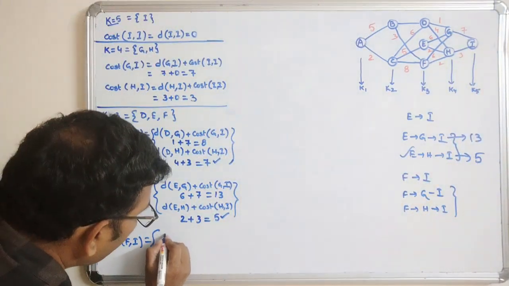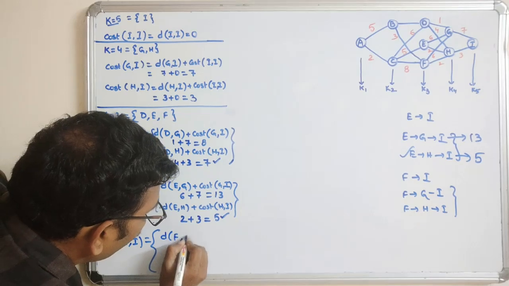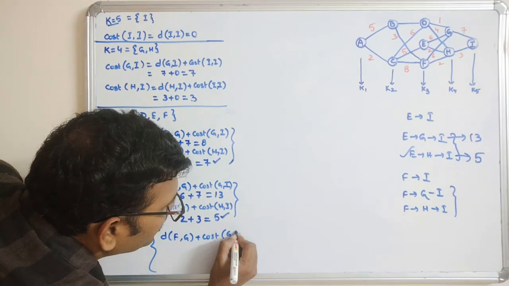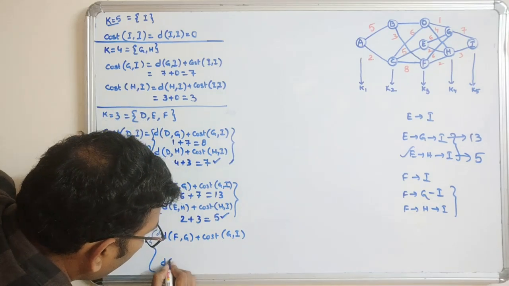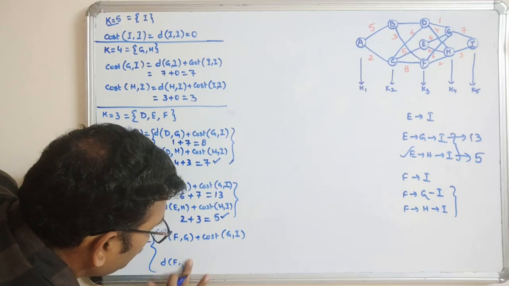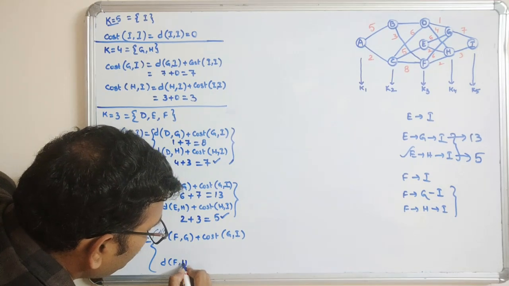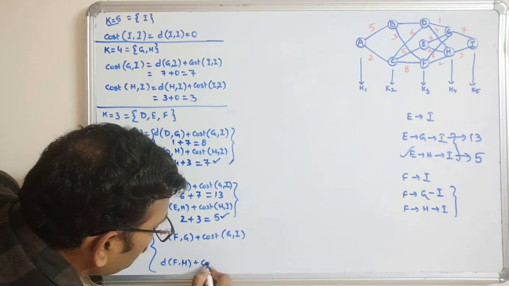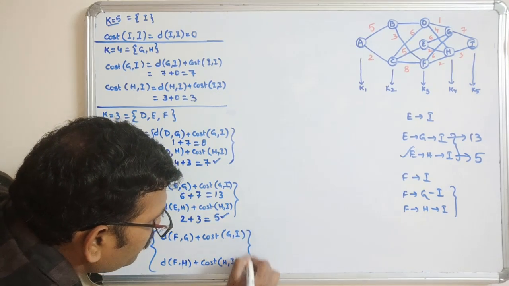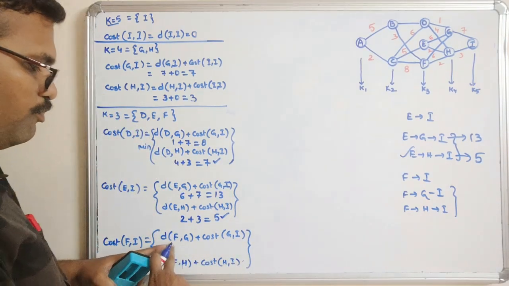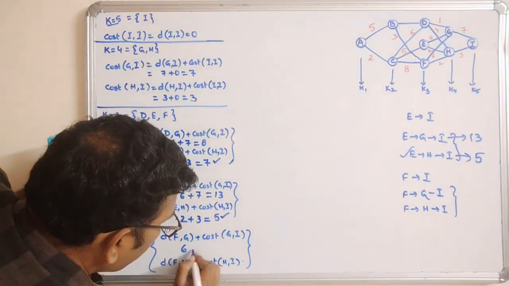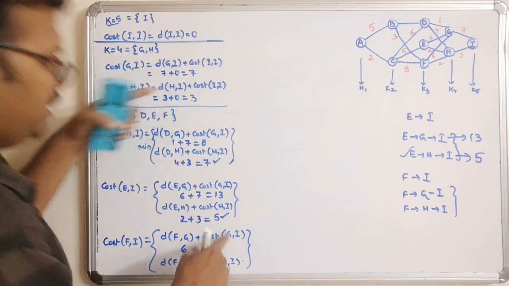So same, D of F to G plus cost of G to destination. Similarly D of F to H plus cost of H to destination. So we need to find out the minimum among these two. What is the distance of F and G? F and G, it is 6 plus cost of G and I, which is 7.